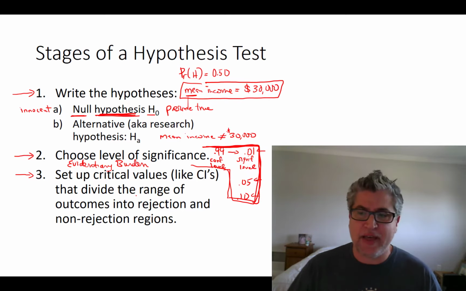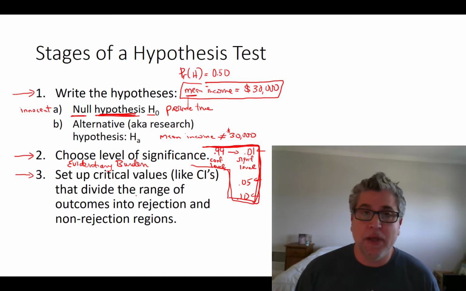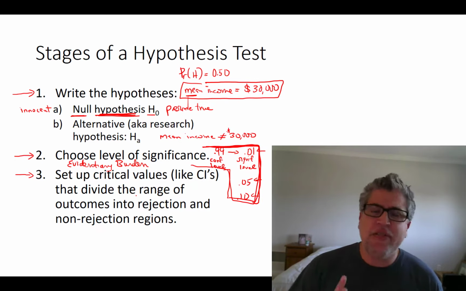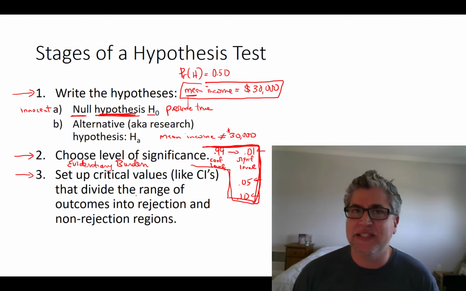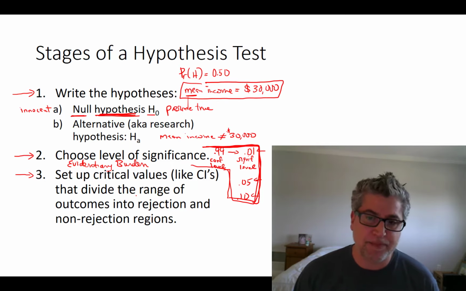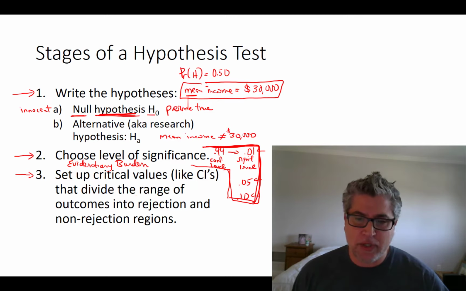Like, let's quantify that. Not just say a whole bunch, or not even say 99%, but a sample of how many things with an average that's how far apart from the truth or from the claim. Let's figure that out too. Again, before we've ever collected any sample data whatsoever. So we're just laying out our plan of attack. Okay? And we're going to do that with what are called critical values.